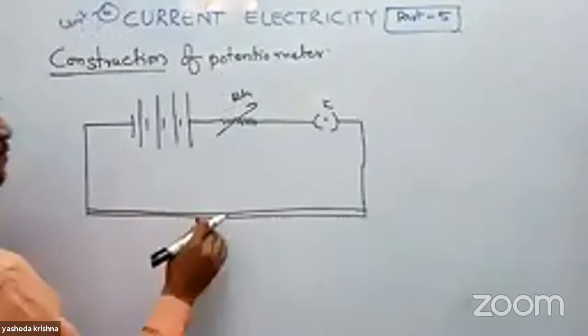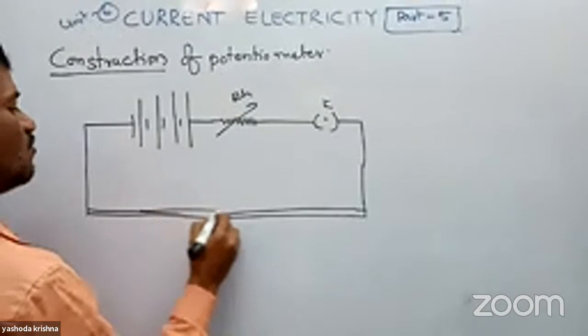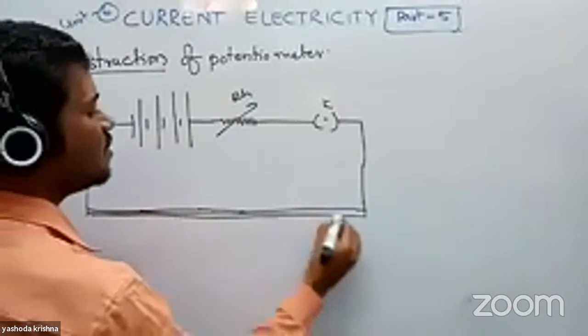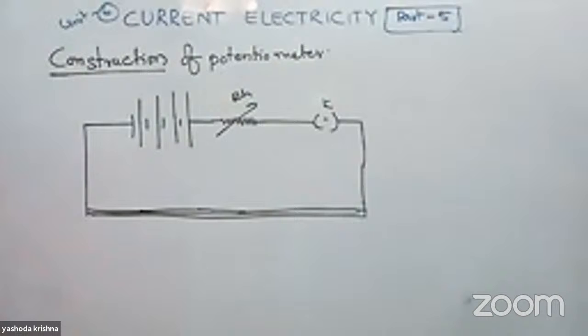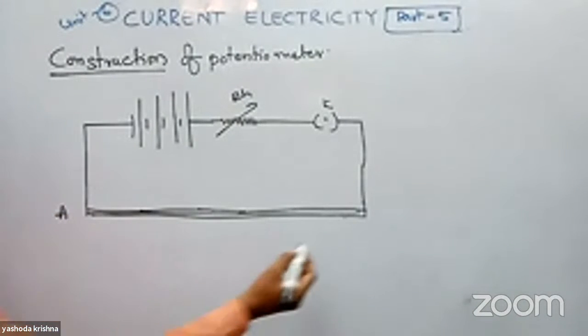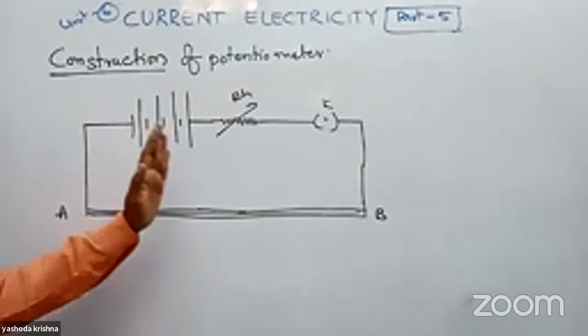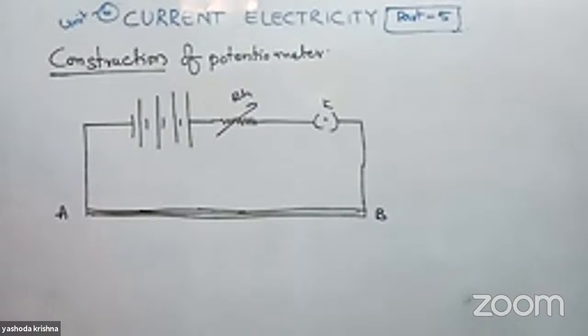This is the uniform cross section wire. This is A, this is B, the uniform cross section wire. This consists of a wooden box.